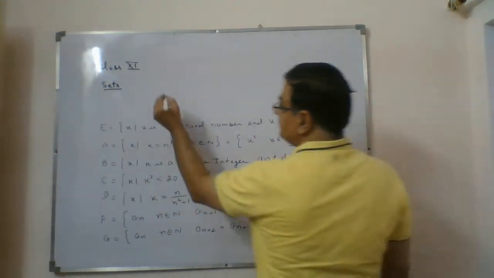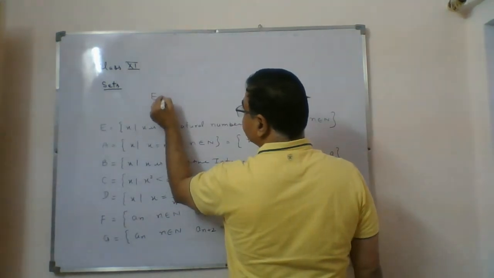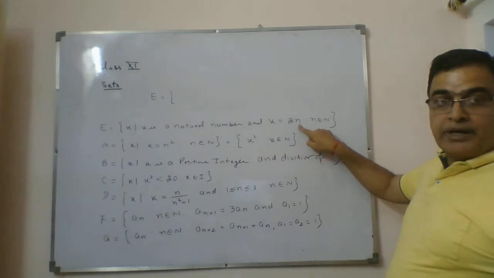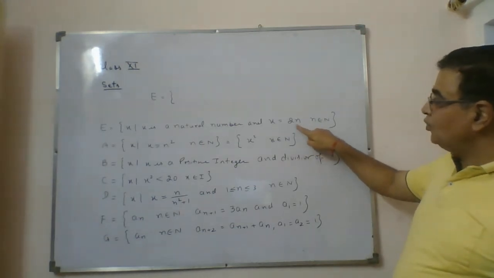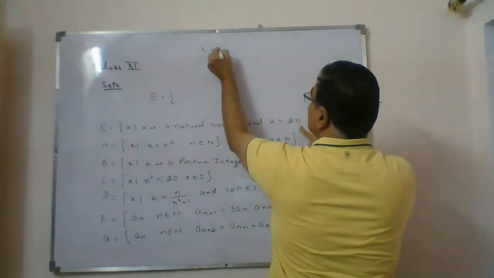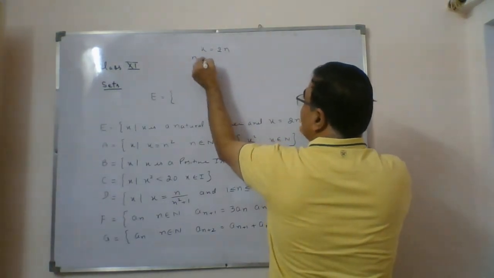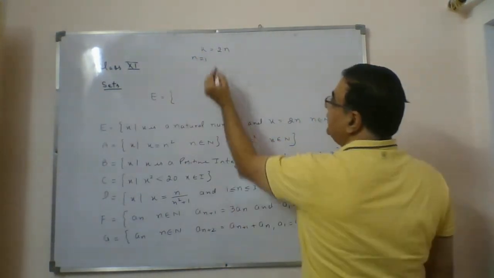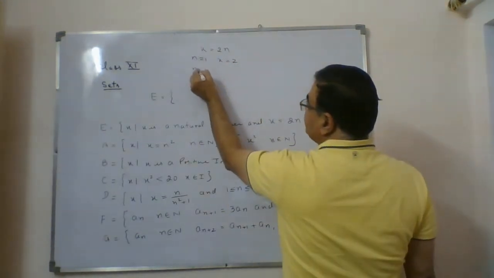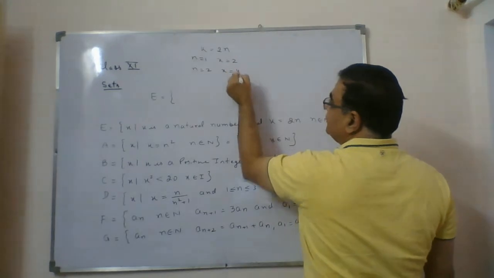So when you go for E, first I'll place n as 1. When n is 1, what is the first number we are getting? This is 2, because X is given by 2n. When n is 2, what is X? That will be 4.